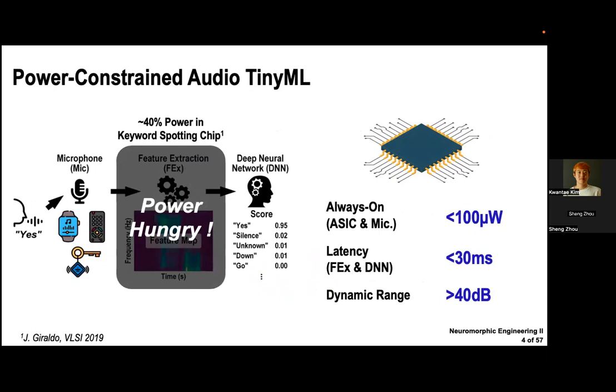And these audio TinyML systems are very power constrained, such that they should be always on, consuming less than 100 microwatts in general, and latency should be less than 30 milliseconds to naturally interact between the users and the audio TinyML systems. And this latency number should include the feature extractor and the DNN classifier. And the dynamic range should be larger than 40 dB to cover a wide range of our voice signals, such as soft voice or very loud voice.